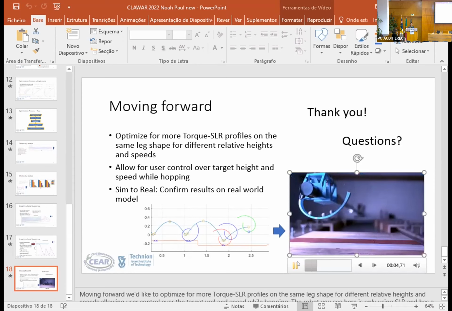I think it'd be really interesting since there's already damping in the leg, but I suspect you'd need to do another optimization considering the soft terrain. And you'd also then need some sort of way to know if the terrain that you're landing on is soft or hard, so you know what portion of the leg to land on. Yes, because maybe you will not have enough energy to take off. Exactly.